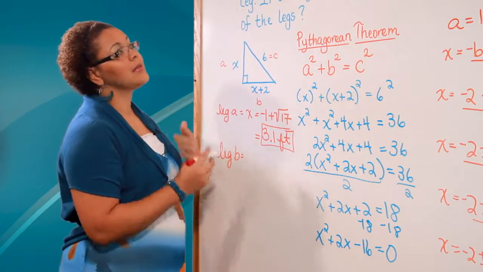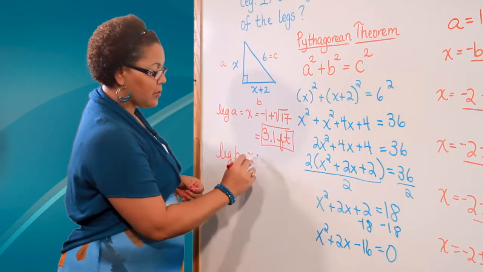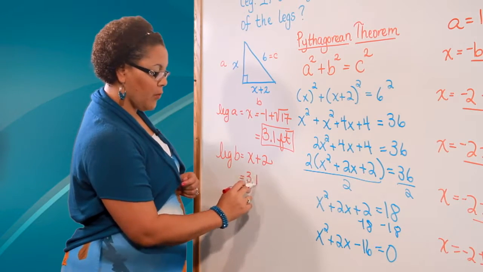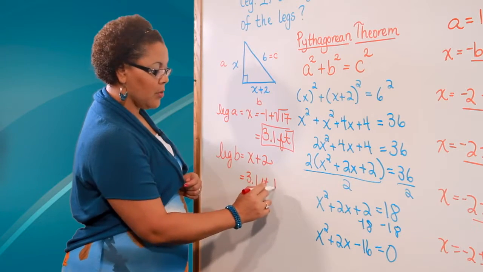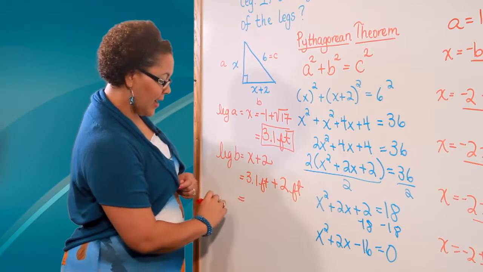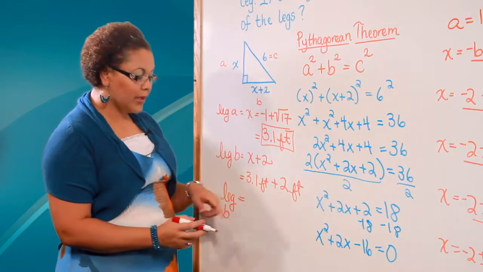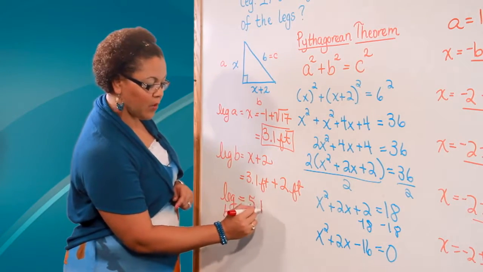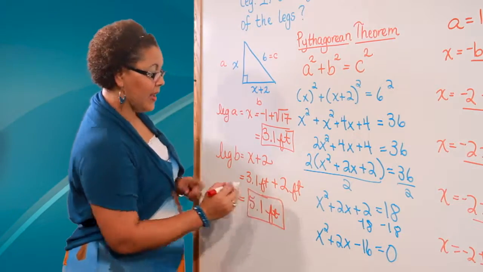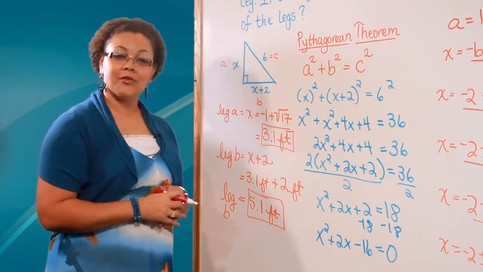We were told that the other leg is 2 feet longer. So x plus 2 means that we would take the approximation of 3.1 feet plus 2 more feet, and that means that leg B is 3.1 plus 2, which is 5.1 feet. So leg A is 3.1 feet and leg B is 5.1 feet.